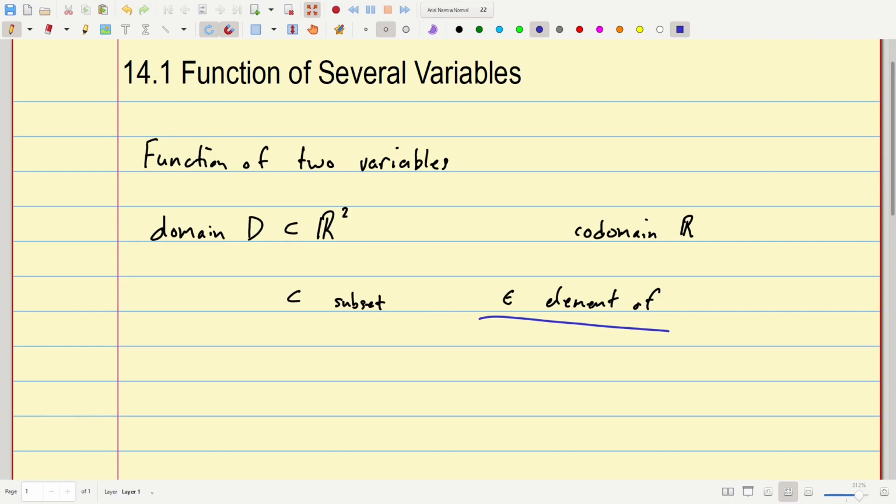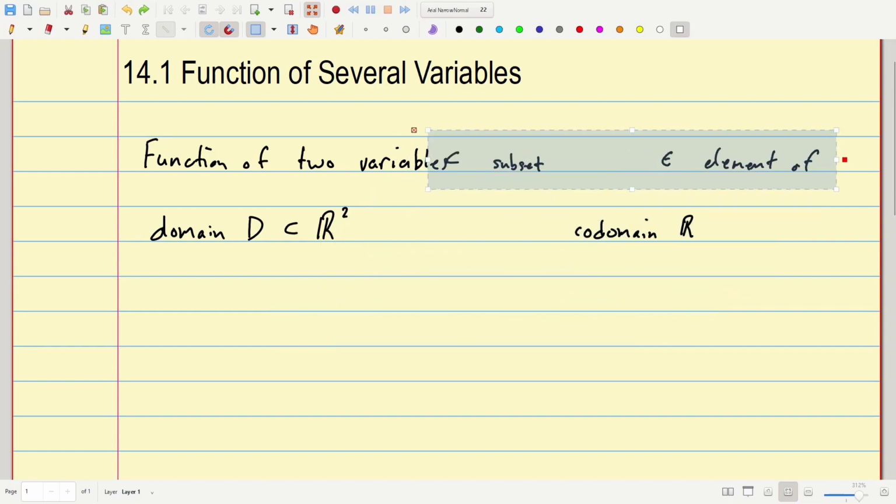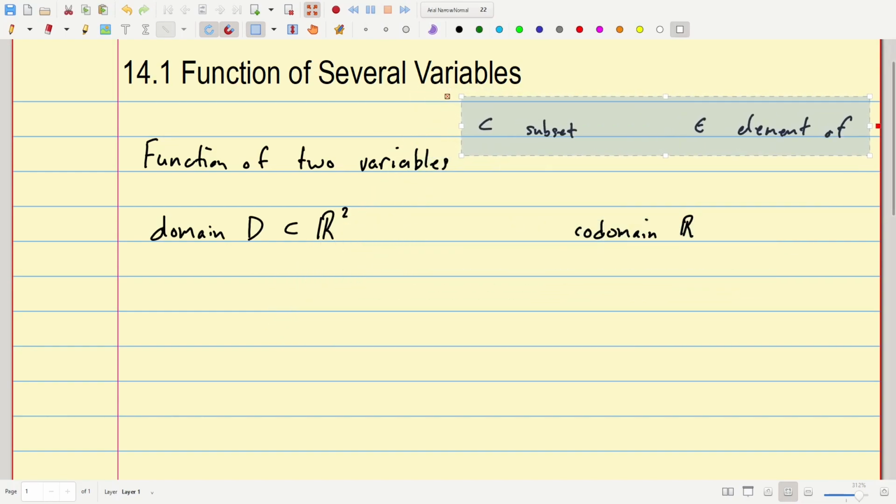Okay, that is how it's most commonly used, but it can be used in other contexts. And then this means that this collection of things is contained in this collection of things. All right.